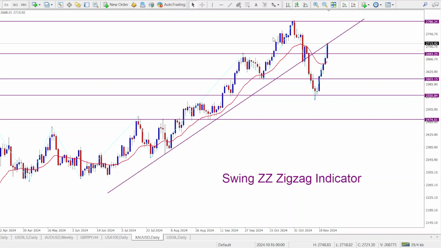In that case, we can exit our buy trade when we get a sell signal. Basically that is it for this video. The Swing ZZ Zigzag Indicator can be an additional benefit to you if you like trend following strategies.